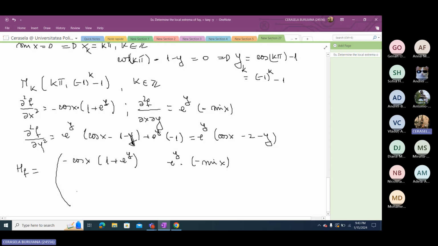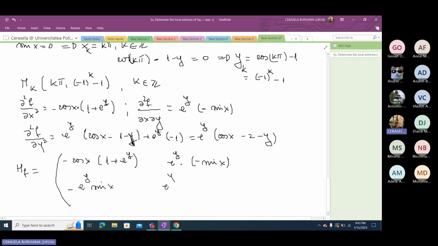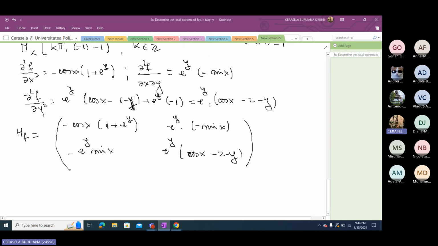Also the same over here, it's e power y times sinus of x. And the last, it's e power y times cosinus of x minus 2 minus y. Okay, now let's see what happens in our points. We compute the Hessian in M_k and see what we get.